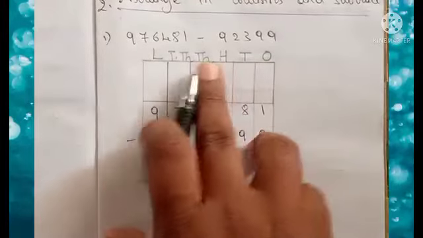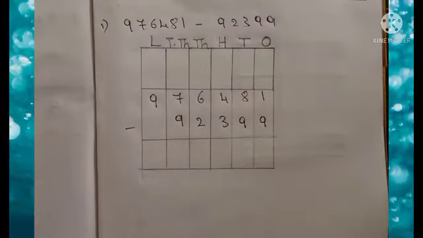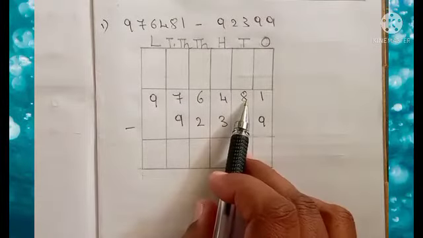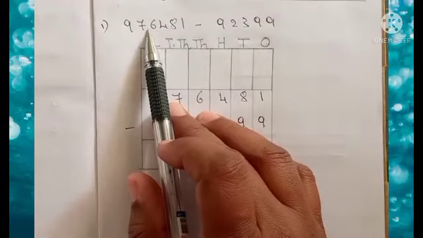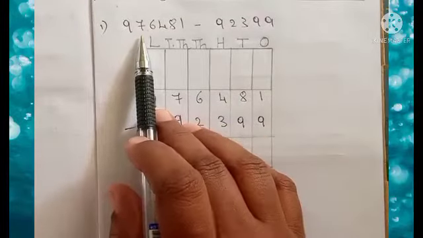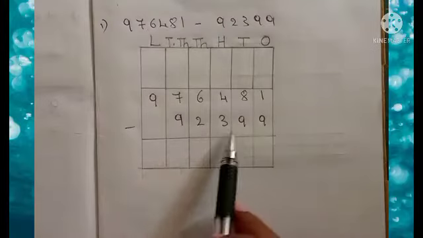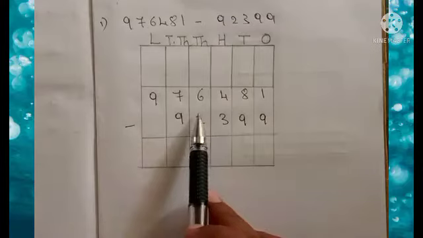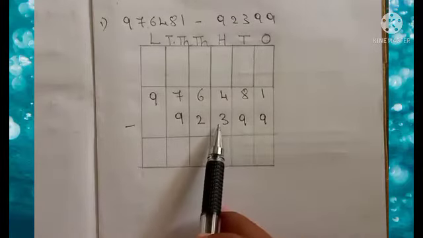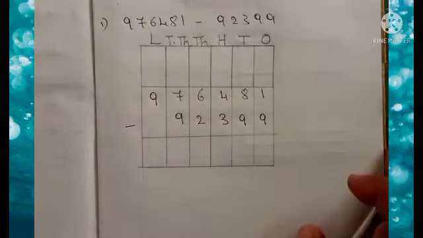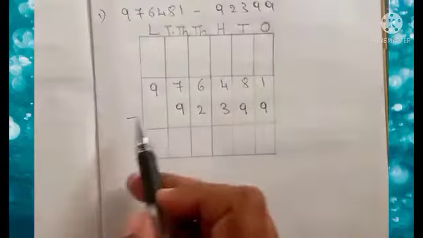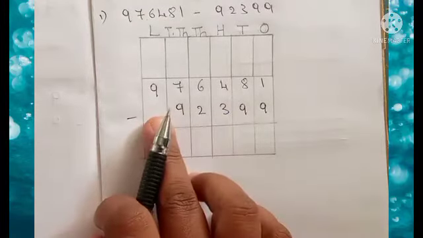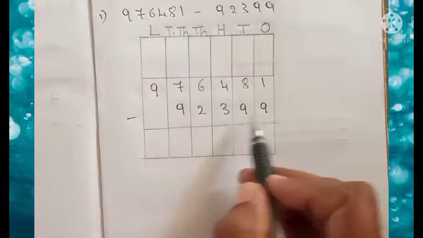So dear children, I have written like this. Ones, tens, hundreds, thousands, ten thousands and lakhs. Now see here, there are 6 digits in the minuend, and in the subtrahend only 5 digits are there. So according to the digits, you need to write the numbers in the place value, dear children. Don't start writing from the left.